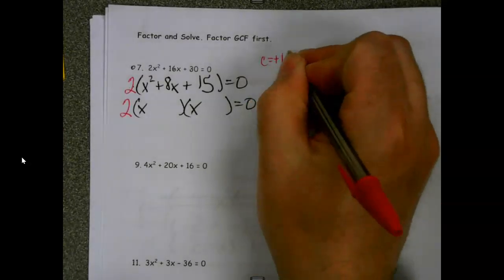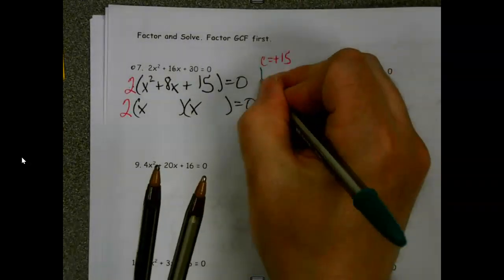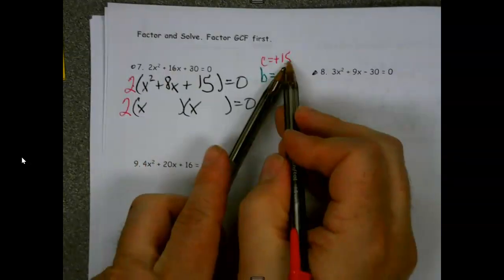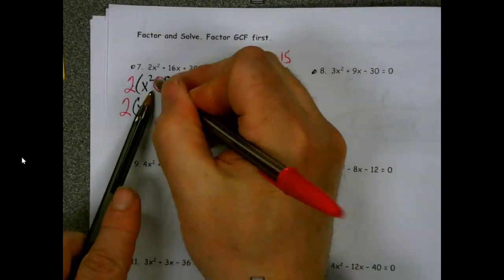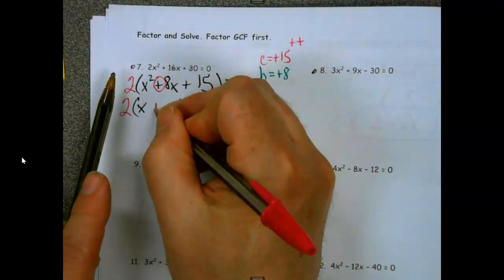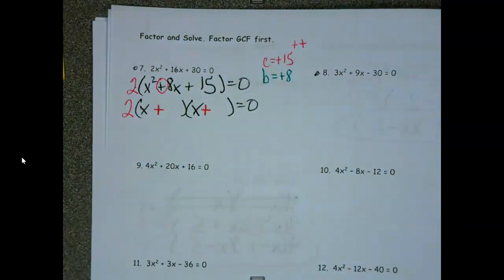So my C value is positive, telling me they're going to be the same signs. That tells me what sign. So they're both positive. All these little clues are there to help you. It's like going on a treasure hunt, but you got to know how to read the map.